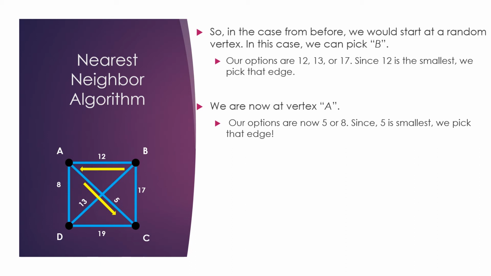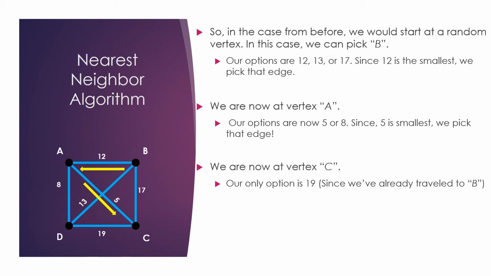Now it might seem like we can get back to B because that's technically the cheapest edge we see, but we've already used vertex B. We're not allowed to go back there because this is a Hamiltonian circuit. So we're forced to go to 19. And there we go. And we're not done. We have to finish the circuit.